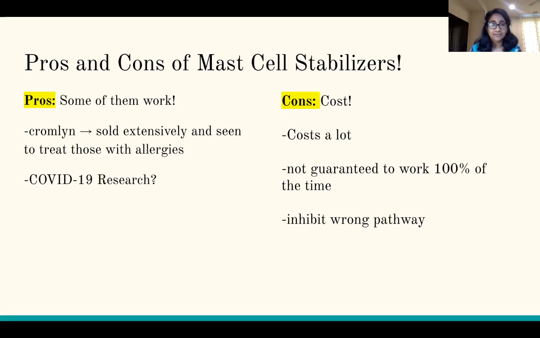I think there's some research going on regarding that. I'm not exactly sure how these people are going about doing this with mast cell stabilizers, but it's very interesting. If you guys would like, I can drop the link to that article later in the chat.